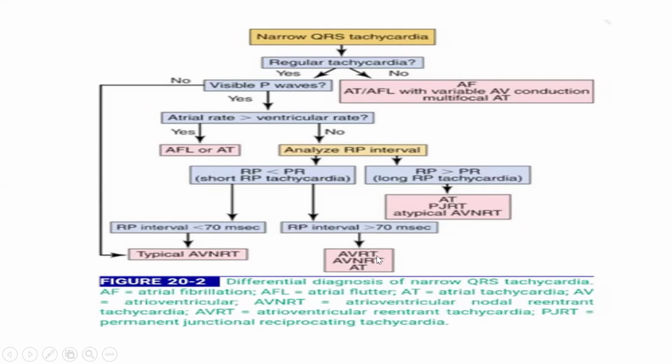Atypical AVNRT will present with a long RP interval, and that is about the kind of fiber they use. I'm sure in subsequent discussion, when we start talking about the mechanism of the arrhythmias for this condition, you will know why there is typical and atypical AVNRT.